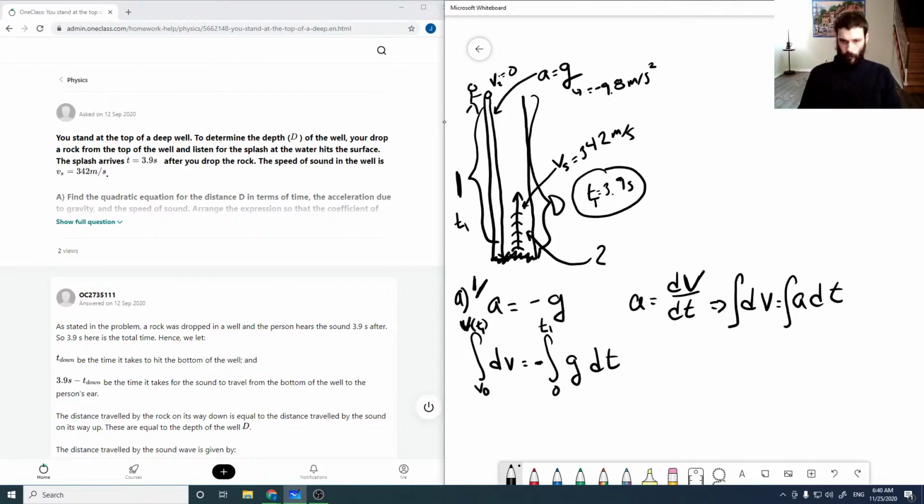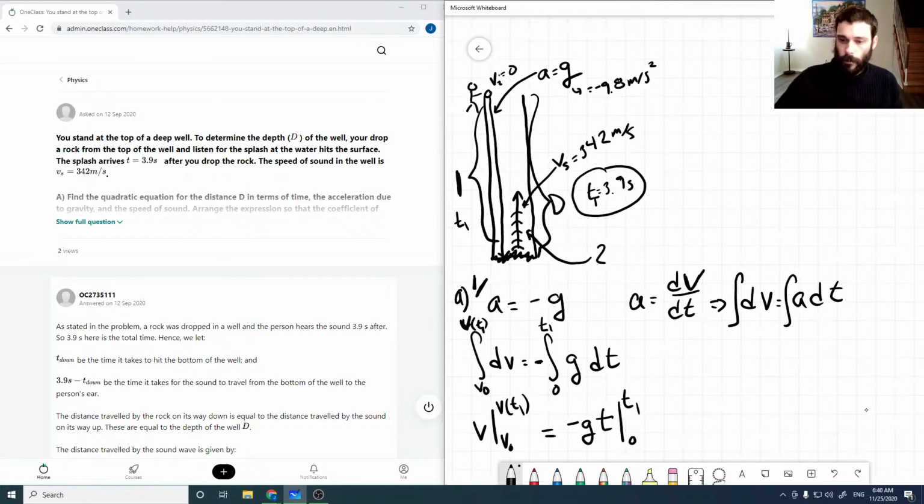So now the dv integral is just going to turn into v, evaluated between v0 and v of t1. And that's going to equal minus g. The integral of dt is again just going to be t from 0 to t1. Okay, and I'm just going to bring this up a bit.